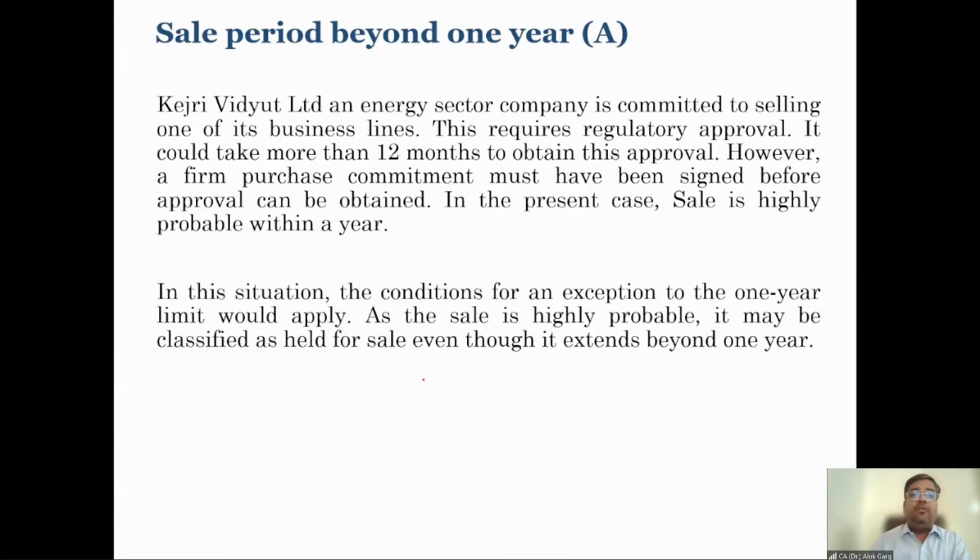Friends, Kejri Vidyut Limited, an energy sector company, is committed to selling one of its business lines, right? This requires regulatory approval. It could take more than 12 months to obtain this approval. It is not always taking more than 12 months, but it may take, right?